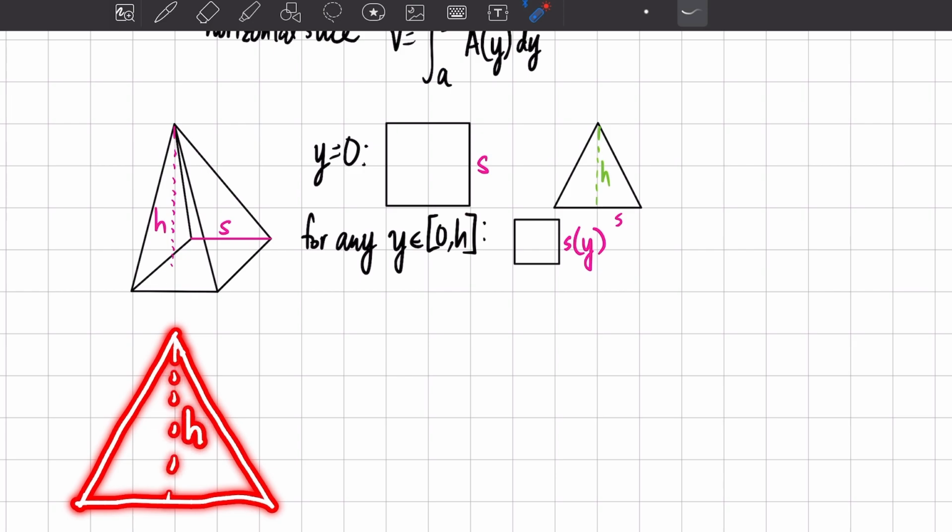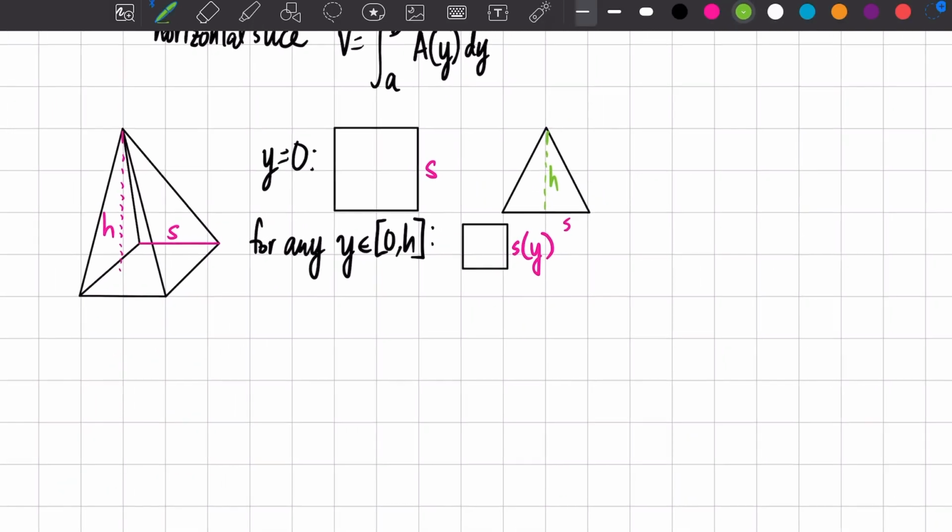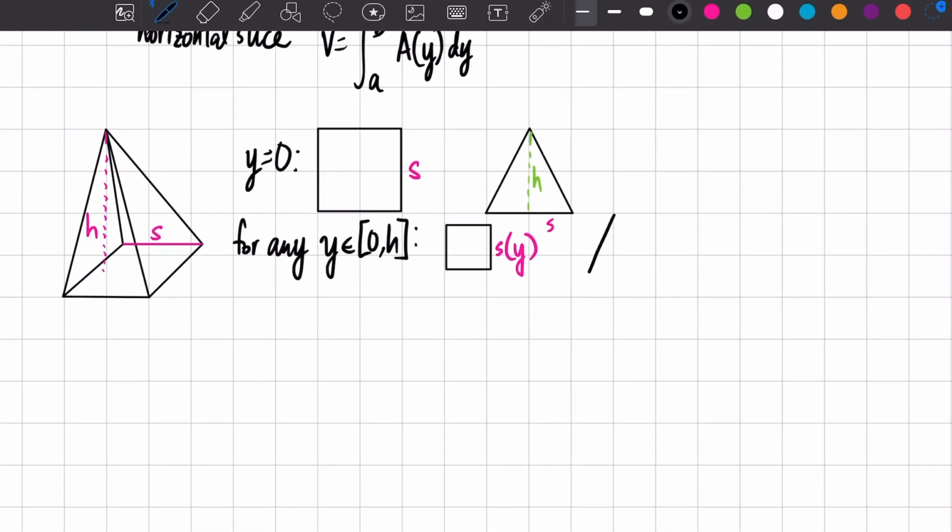Suppose you slice it at some value of y. What we know is that this height would be y, and so this one right here should be h minus y. So it's still a triangle, but this time you have a base of s of y and a height of h minus y.